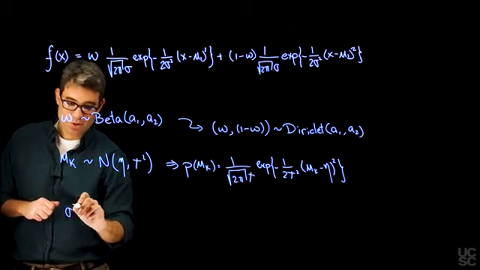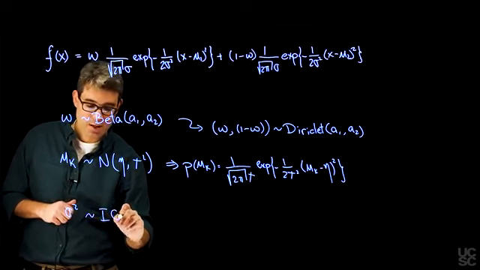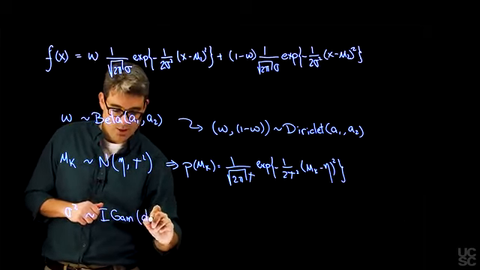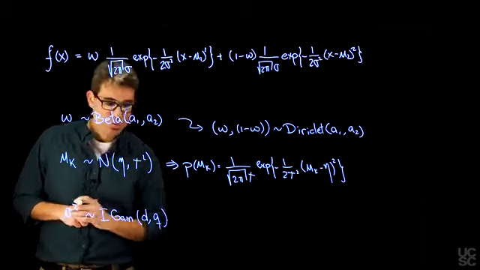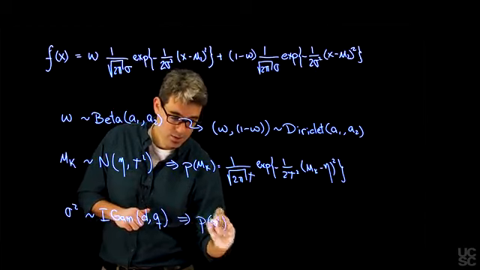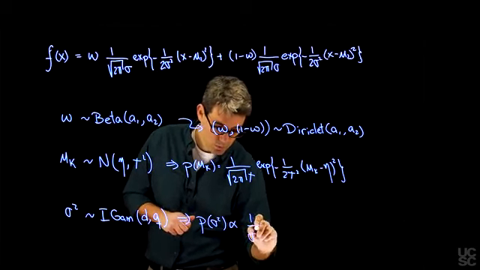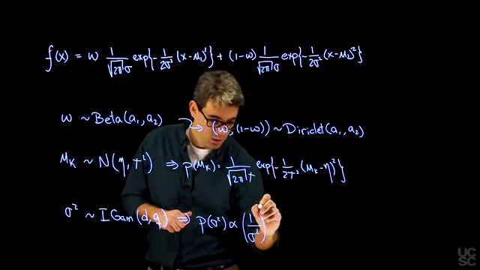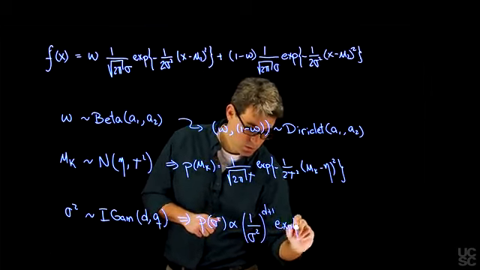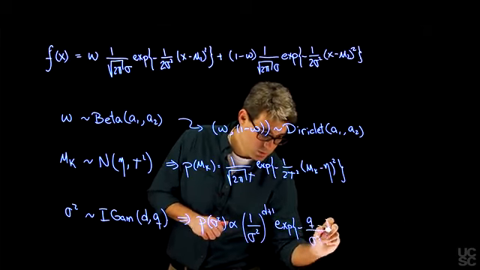Finally, we need a prior for sigma square. And again, for convenience, we're going to use an inverse gamma prior that you may already be familiar with, with parameters, say, d and q, which implies that the density of the prior is proportional to 1 over sigma square to the d plus 1 exp of minus q divided by sigma square.